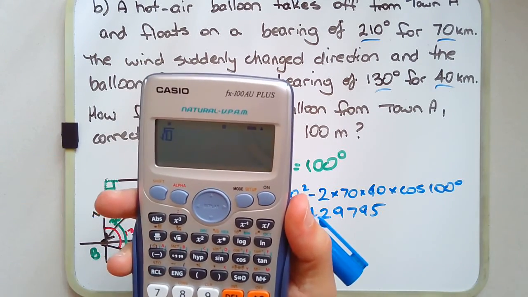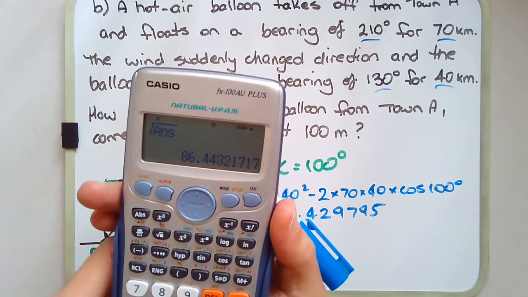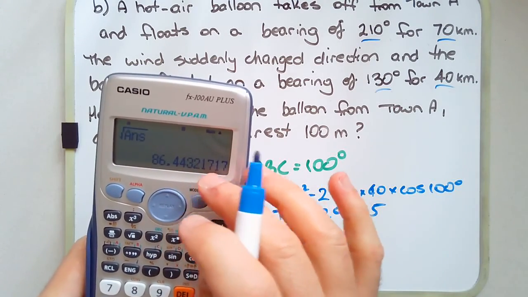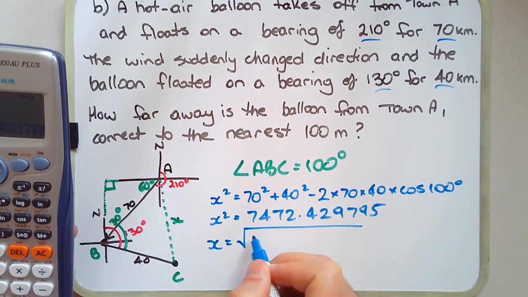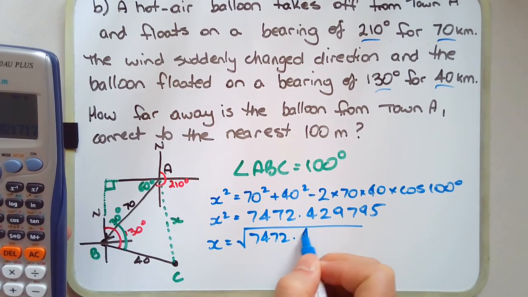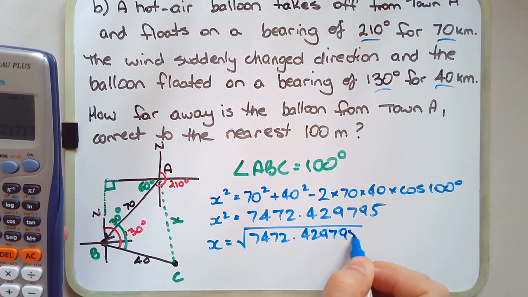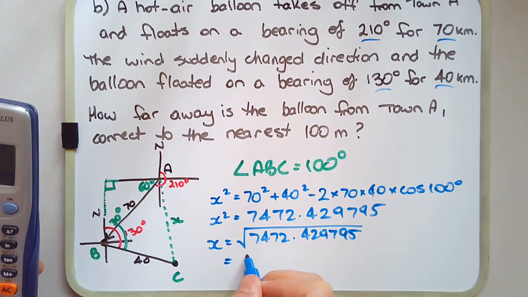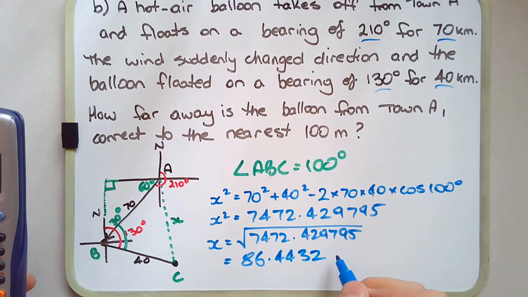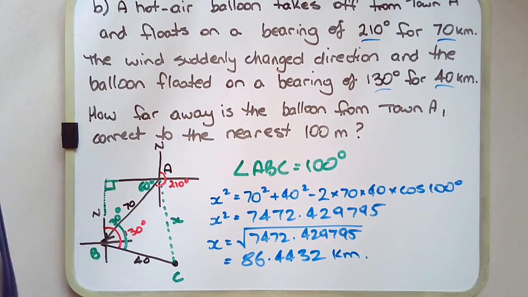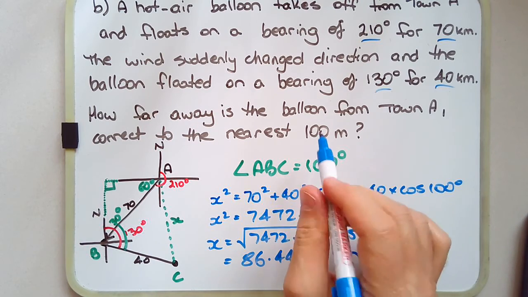Square root of the answer: 86.4432 kilometers. But we'll want to round to the nearest 100 meters.